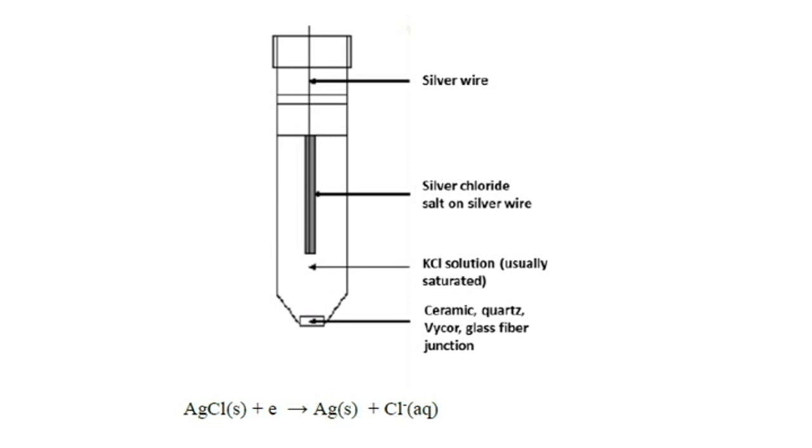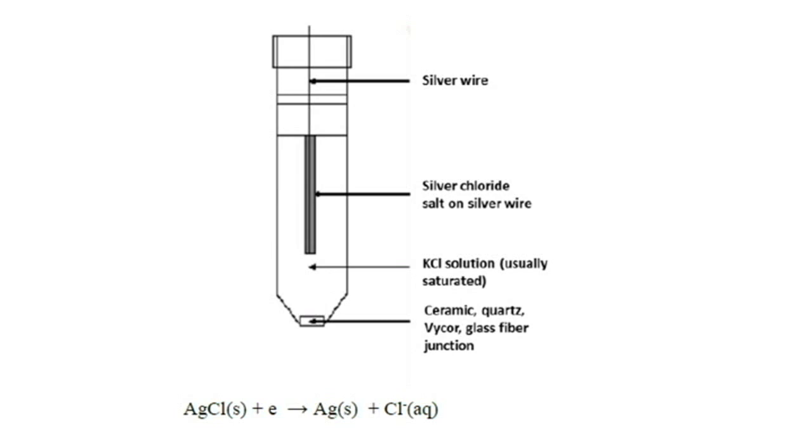The silver chloride electrode is very important because it is also used as a reference electrode. Previously we discussed the hydrogen electrode used as the reference and standard electrode, but this one is also used as a reference electrode, not at A level, but in higher study at research level. When considering this electrode, there is also an oxidation and reduction process.